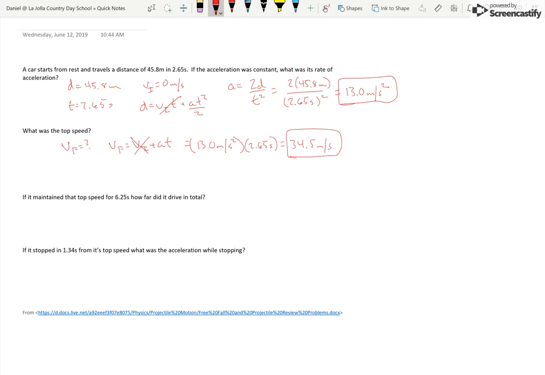So this car's obviously accelerating really quickly, going from 0 to 34.5 meters per second in just 2.65 seconds, which is why our acceleration rate is so high.